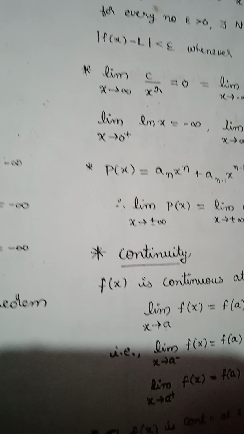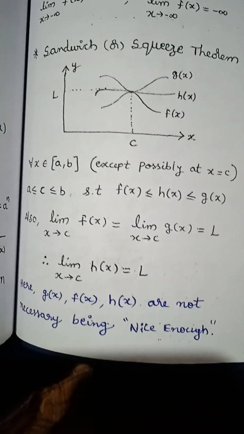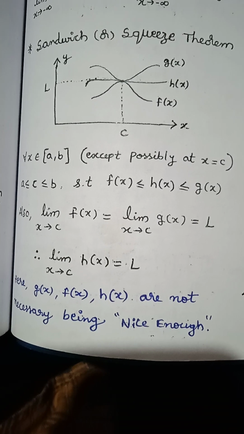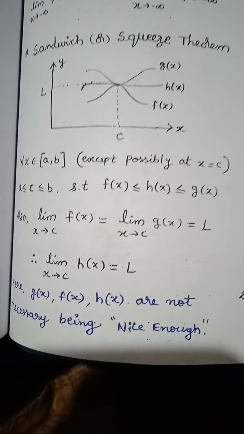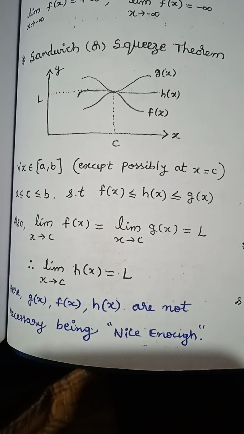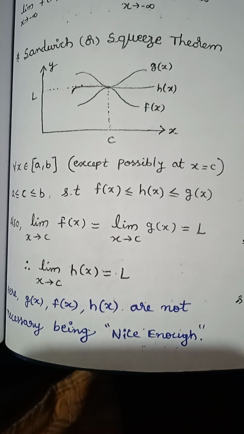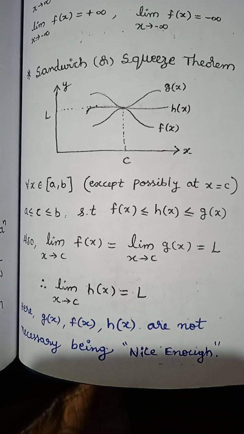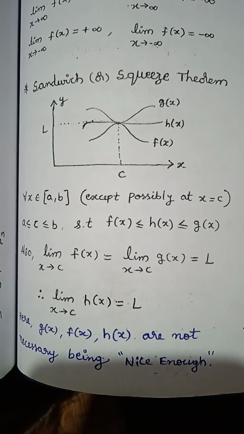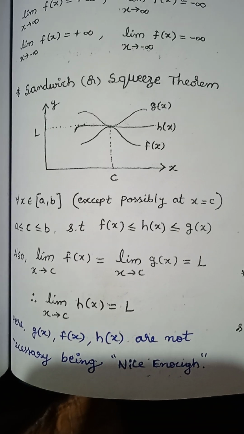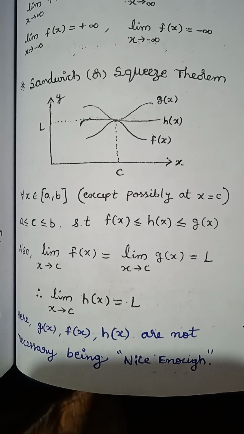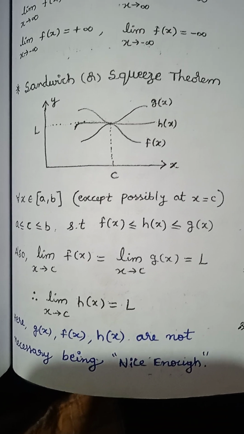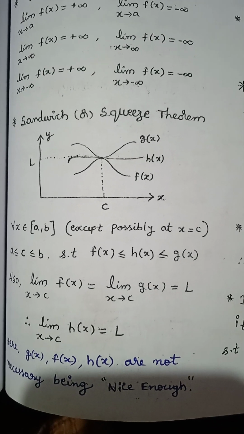Now we move on to the sandwich theorem or squeeze theorem. Suppose we have three functions f of x, g of x and h of x. For all x belonging to the interval (a, b) except possibly at x equal to c, where c is between a and b, h of x is between f of x and g of x.